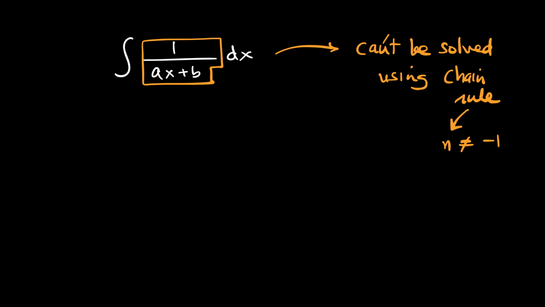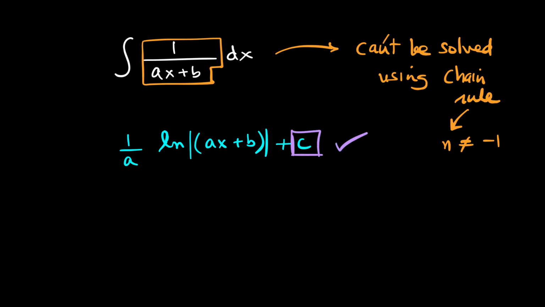What is the integral for this? This is 1 over a ln|ax + b| plus c, where c is the constant of integration. This has to be a linear expression in order for this technique to be valid.